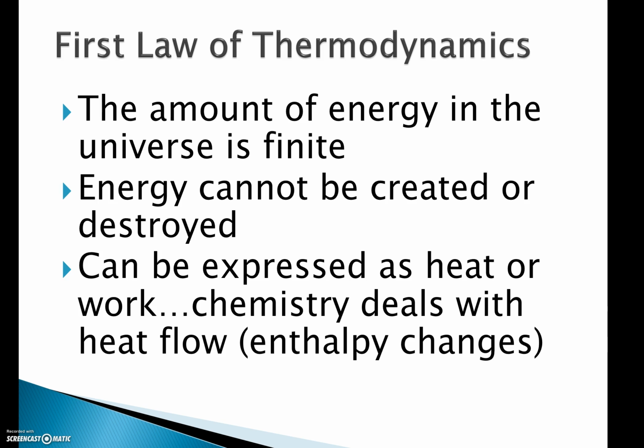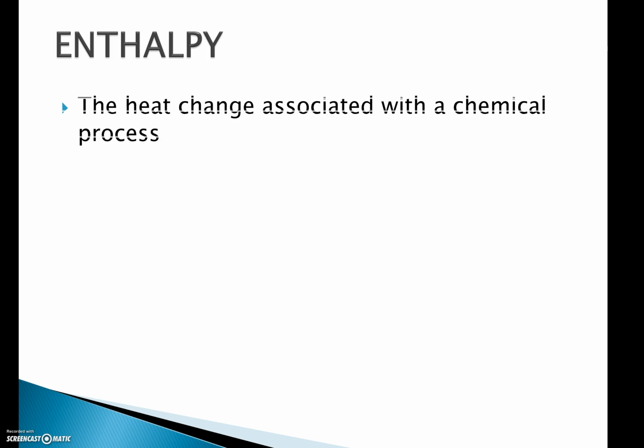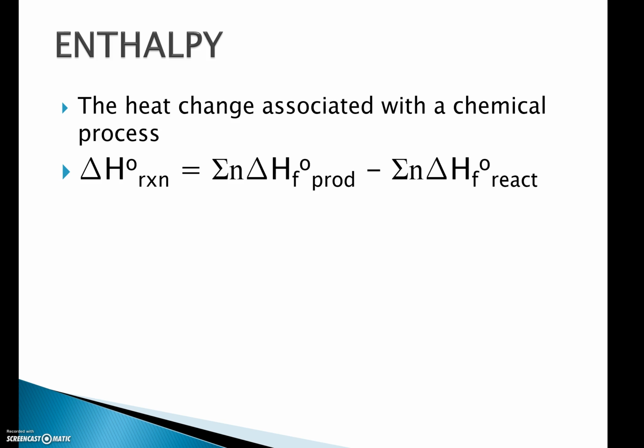Energy can be expressed in the form of heat or work, and for our purposes, we're going to be dealing with the heat flow during a chemical reaction, or the enthalpy changes that take place during chemical reactions. When we talk about enthalpy, it's the heat change associated with the chemical reaction, and we can calculate that value for a reaction by taking the sum of the enthalpy of formation of our products minus the sum of the enthalpy of formation of our reactants.